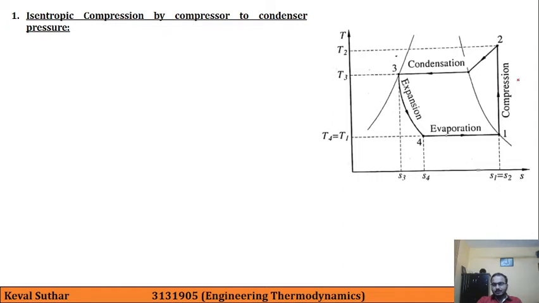So here pressure is increased, temperature is increased, and it remains vapor. And if you see this graph, it is isentropic compression because entropy remains constant.